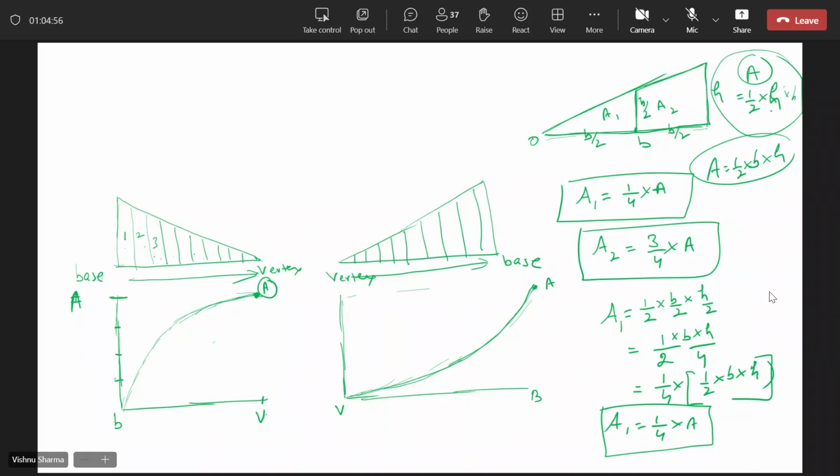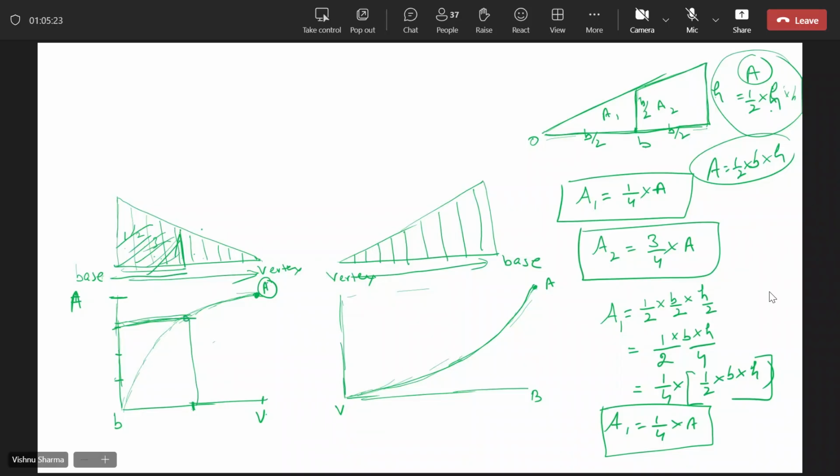Now, if I go to the mid of the base here, then see guys, where am I coming? Am I coming nearly at 75% of the area? Yes or no? Do you see that? Yes, sir. At the mid of the base, from this side to this side up to mid base is the trapezium. Correct, guys? So it will be 75% of the total area.